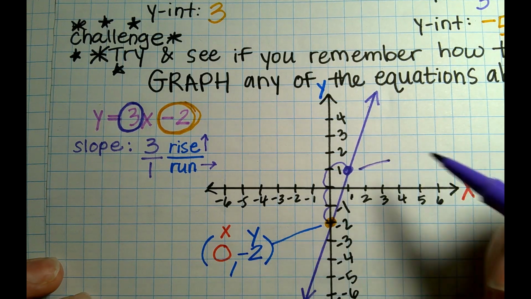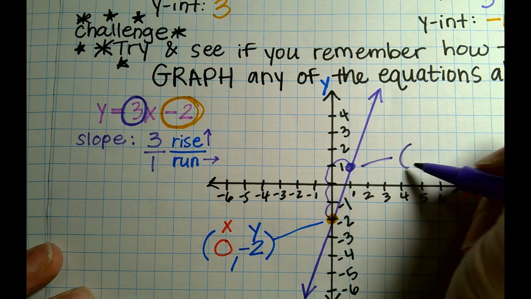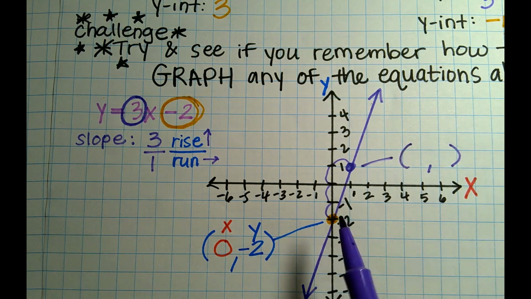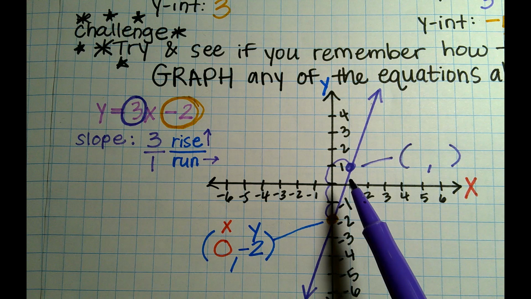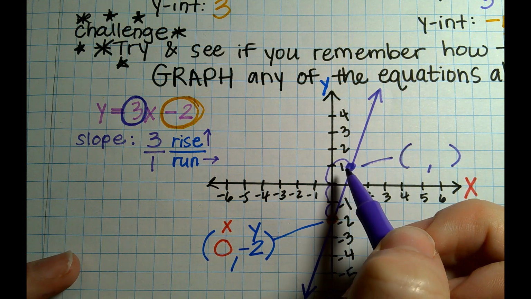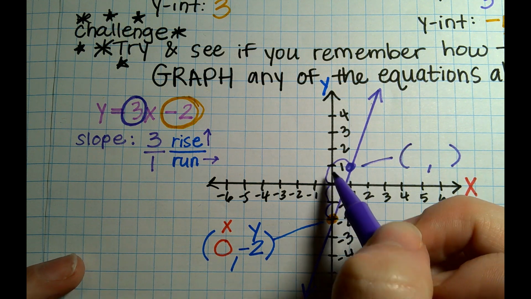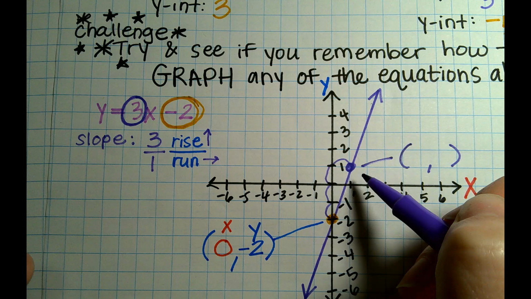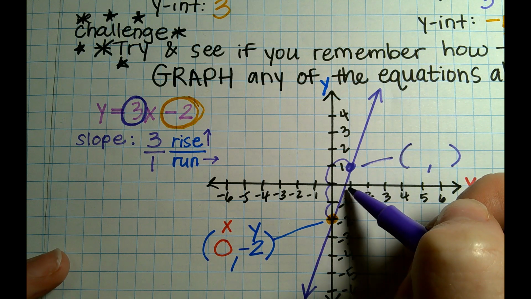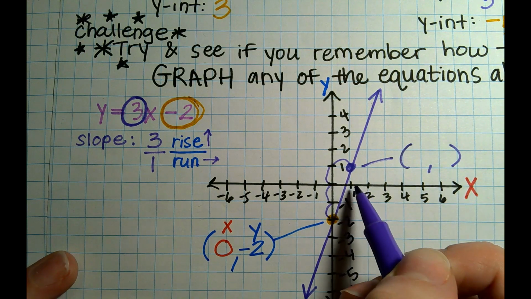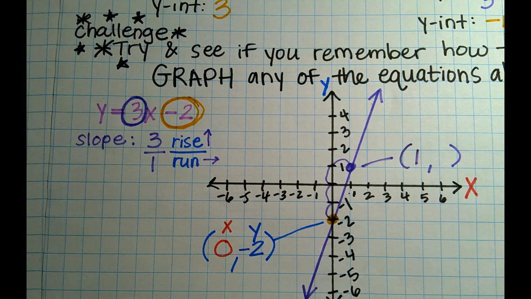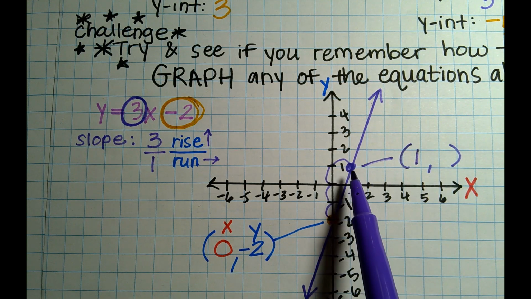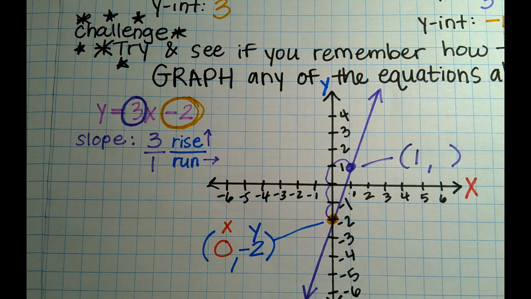Now let's label the next point. What's my x value? It wouldn't be 0. 0 would have to be right here. It would be 1, since whenever we trace down to the x-axis, we're landing on 1. So 1 is the value for x. And how about my y? Also 1.